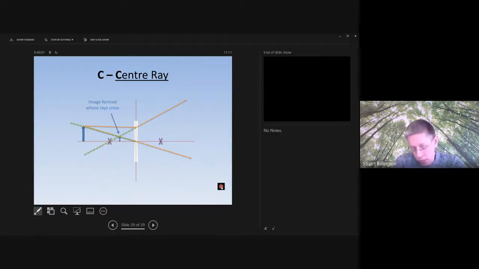And just like you've done before, you can get out your ruler and you can measure the height of that image and the height of the object, and you can divide the image by the object to find the scale factor, which again will be less than 1.